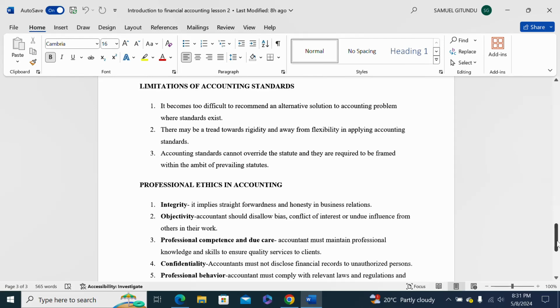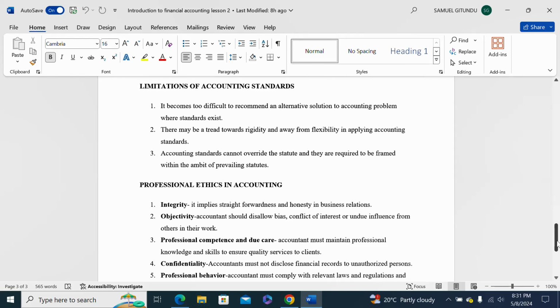You should treat and account for every transaction in the way it is supposed to be accounted for, not the way maybe your boss or other people who have power in the business are telling you to account for those transactions.